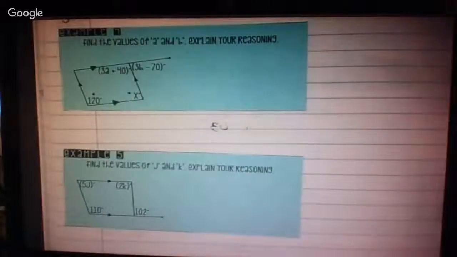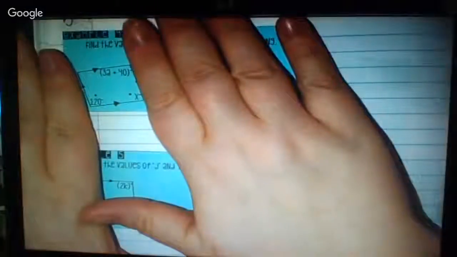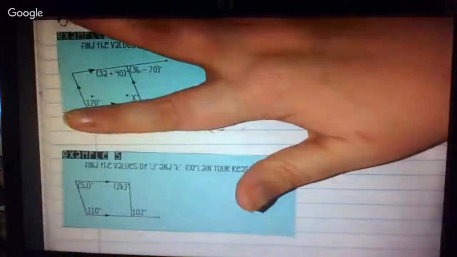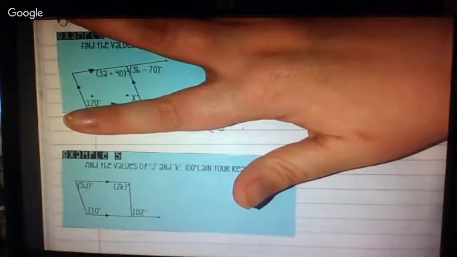Okay, look. Here's your parallel lines. So where are they? Inside the parallel lines. Interior. Here's your transversal. So where are they? Same side.